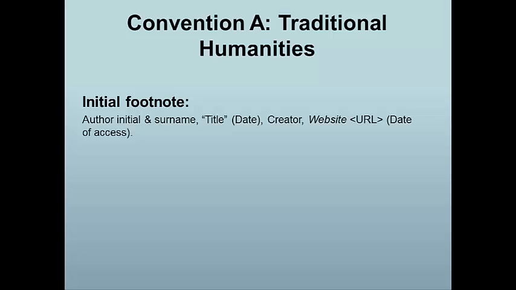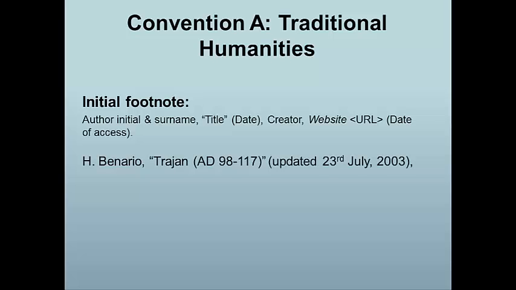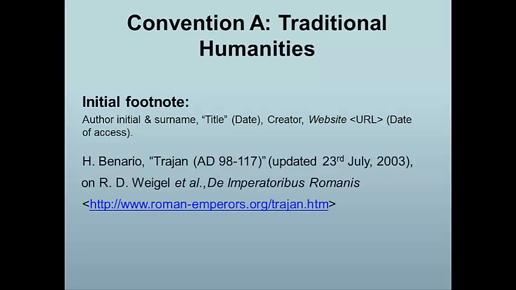Using the information from the web page, we would then have H. Benario, Trajan AD 98 to 117, updated 23rd July 2003 on R.D. Weigel et al. for and others, De Imperatoribus Romanis, the URL in brackets, and then viewed 4th of August 2012. This would be the style of your first footnote.